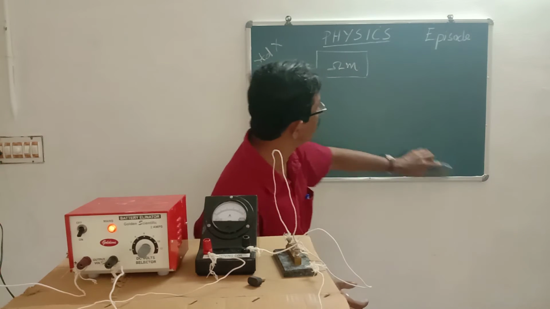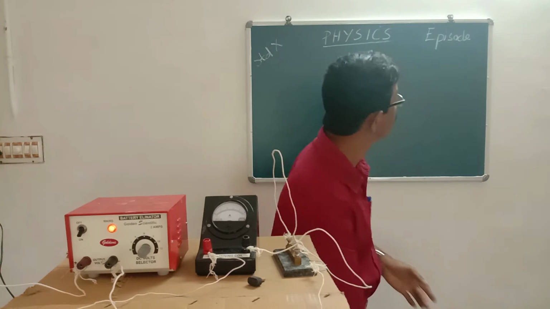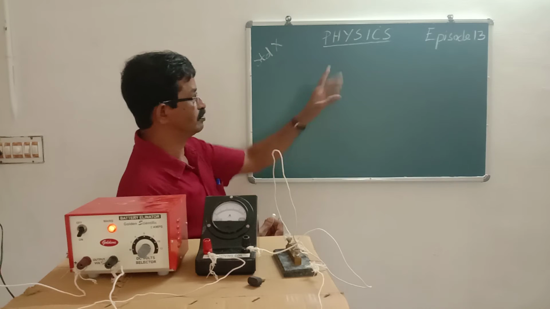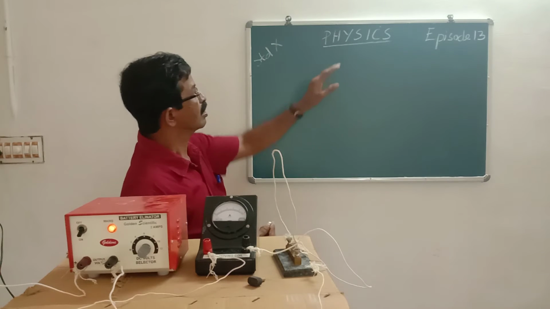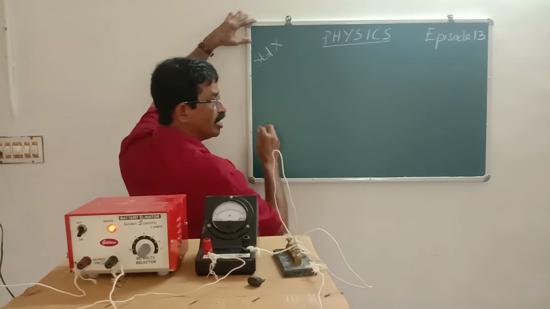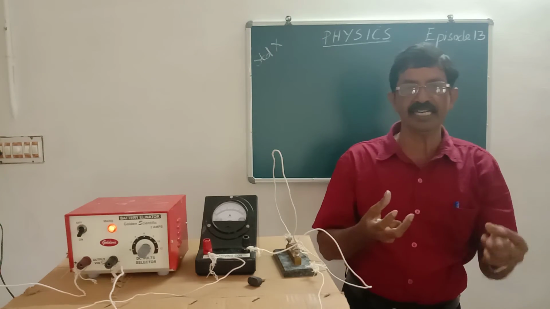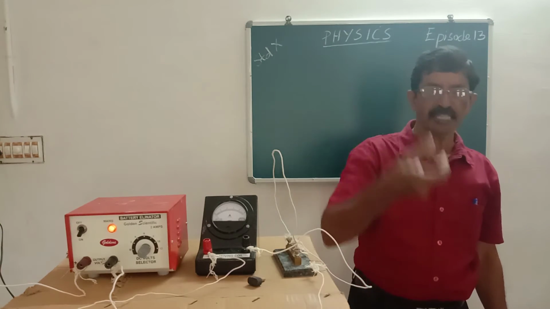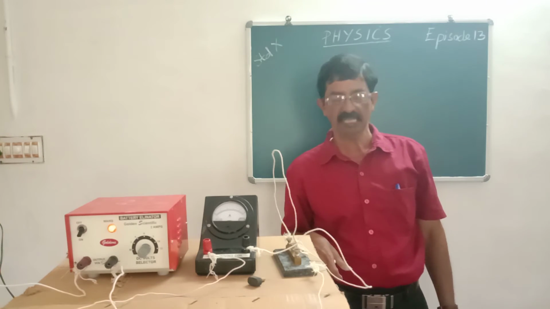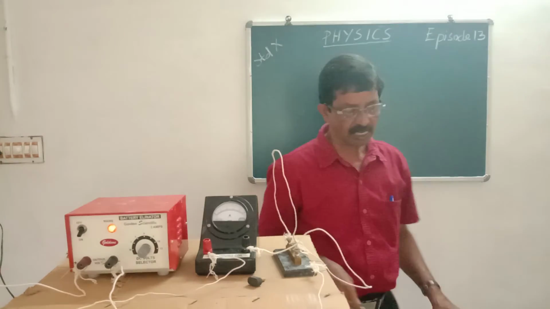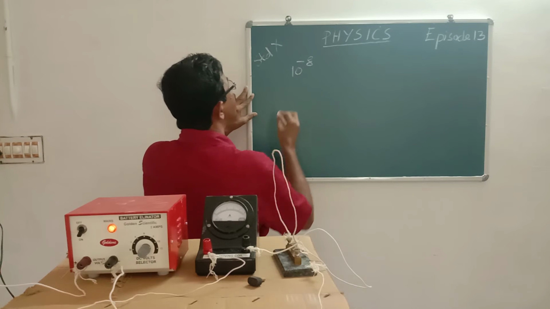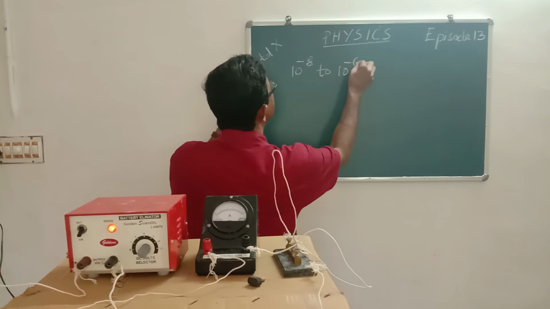Now, for a metallic conductor, resistivity depends on the type of material. When comparing metals and alloys, the resistivity of metals is smaller than the resistivity of alloys. The resistivity of metals varies from 10 raised to minus 8 to 10 raised to minus 6.